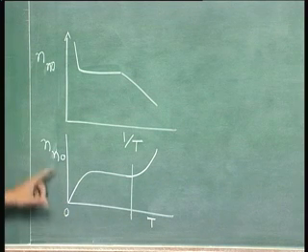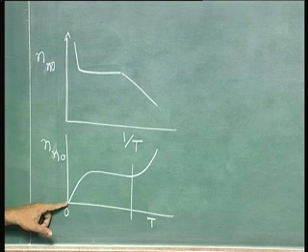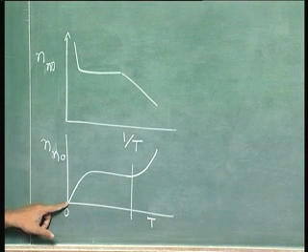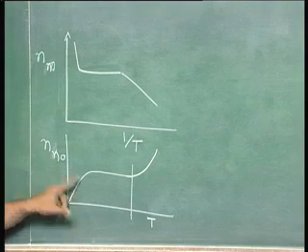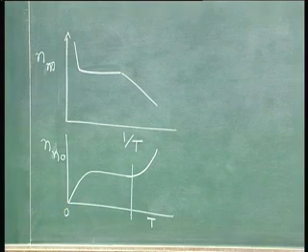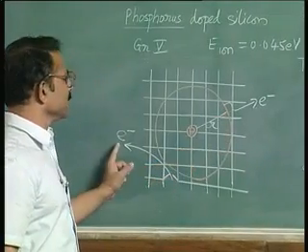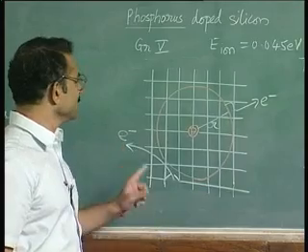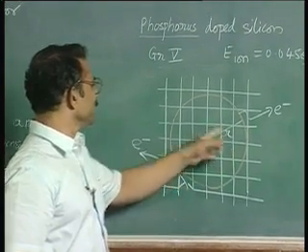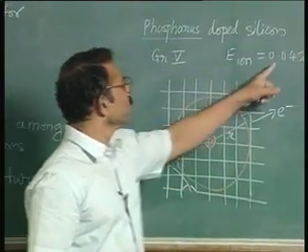So at T equal to 0, no electrons or no holes, so concentration is 0. As your temperature rises, the concentration increases. Why? Because the process of impurity ionization is there and thermal generation is there. But as we said, the impurity ionization process will always dominate over thermal generation because of the small energy.